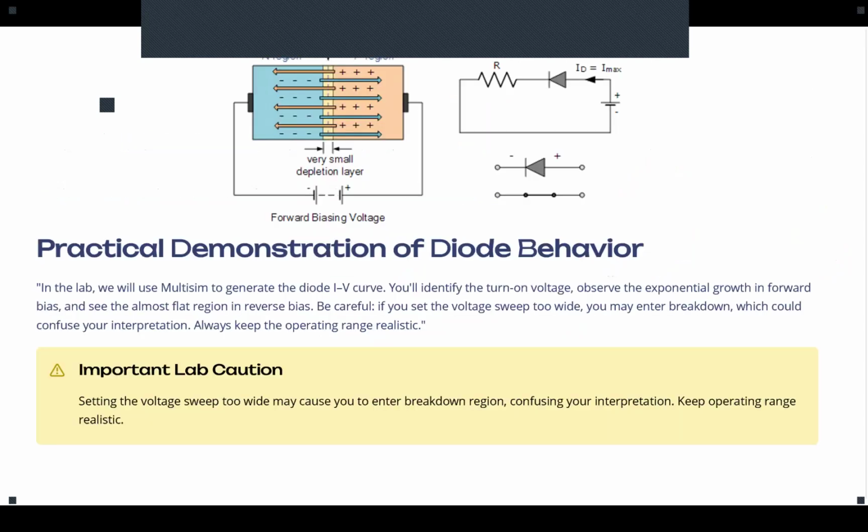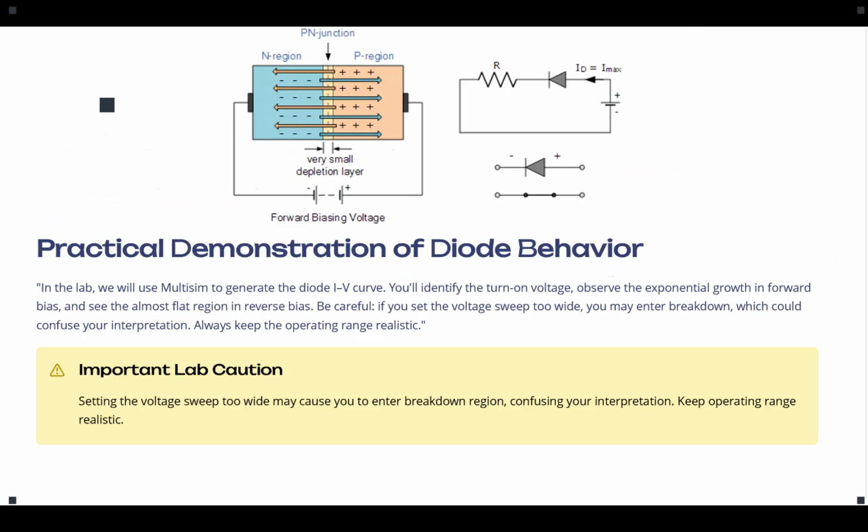Now, how does it actually work? We said that the diode in a forward bias after the V on would let the current pass through, but in a reverse bias or below the V on, it would cut the current. How does it do it? When you talk about the physical structure of the component, we said the diode is a p-n junction.